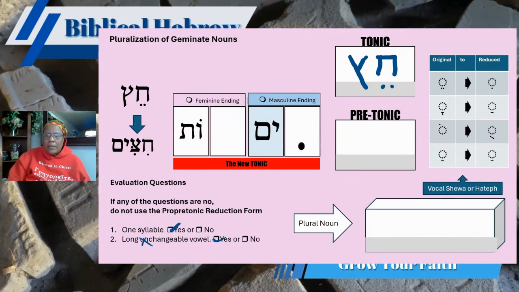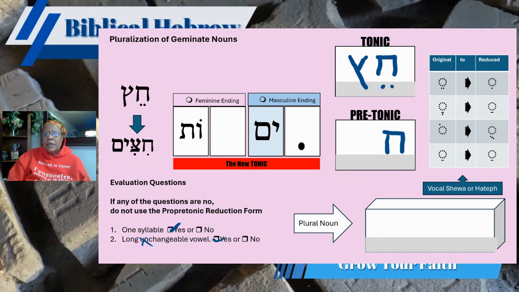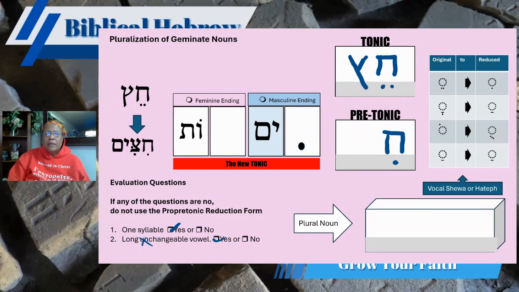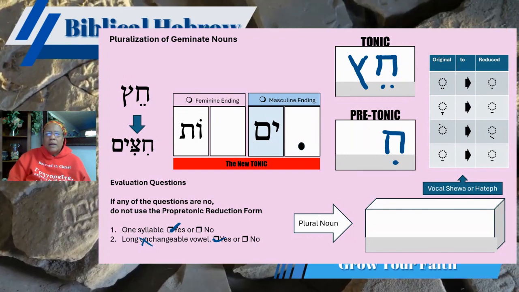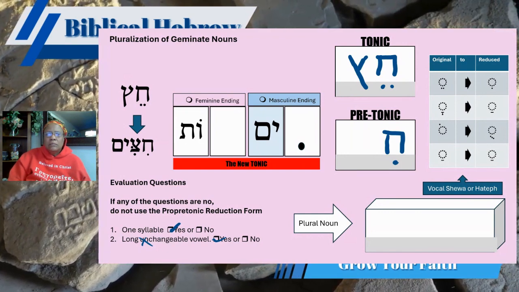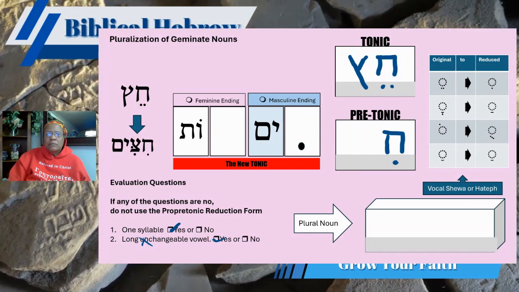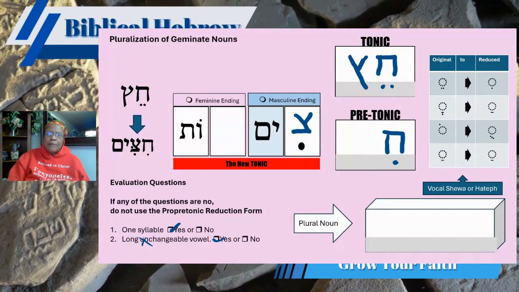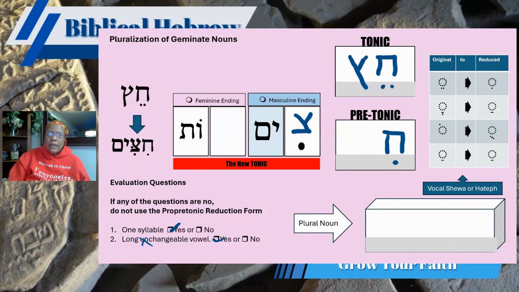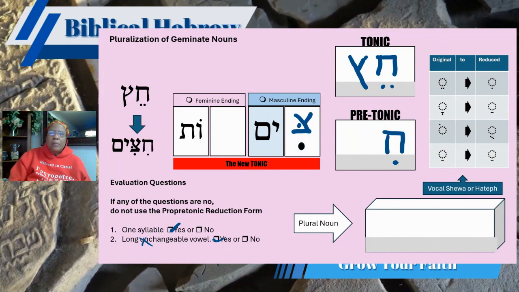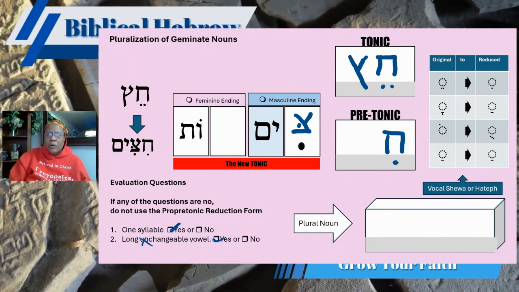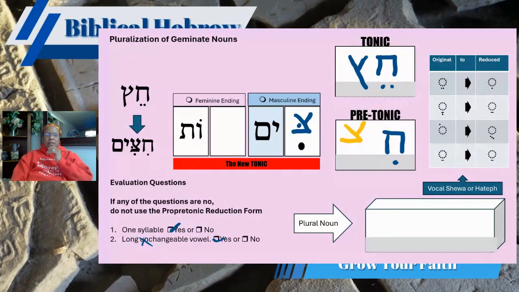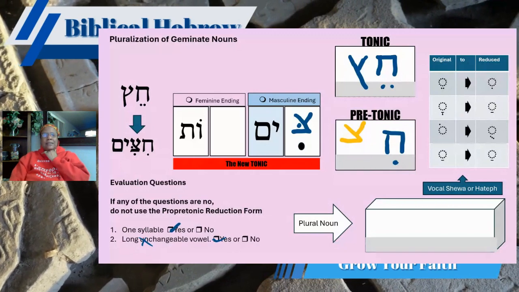And then we have the chet. Looking at my chart, it's going to go to a hireq with a regular tsade, and we're just going to put a dagesh here. Now, remember, we're pronouncing it. We're not writing two letters. We're just pronouncing it. So chitsim.